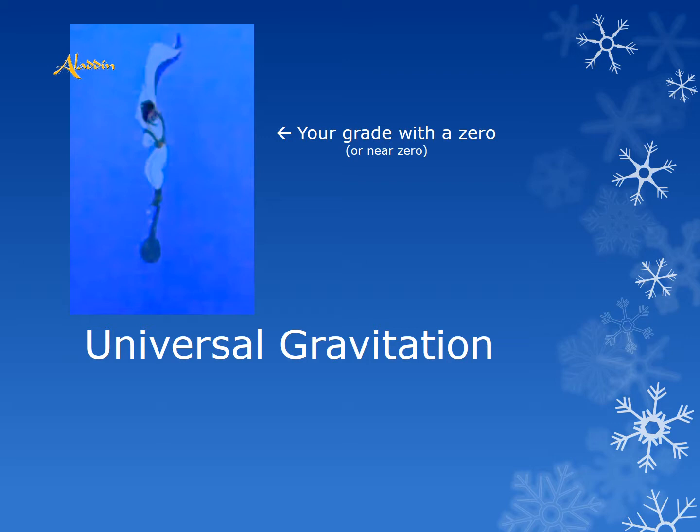So rather than talking about how things affect each other on the surface of a planet and calculating the force of gravity of something near the surface of a planet, we can talk about how the sun has a force of gravity on the Earth and how that affects the Earth's motion.